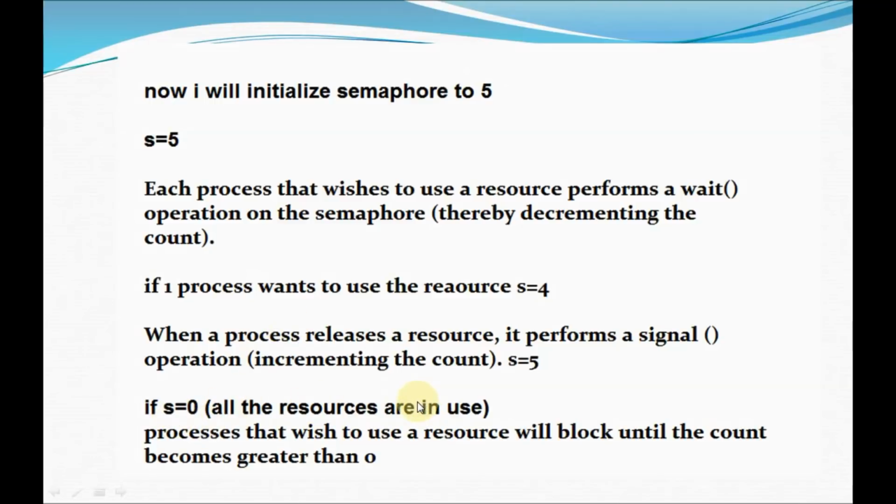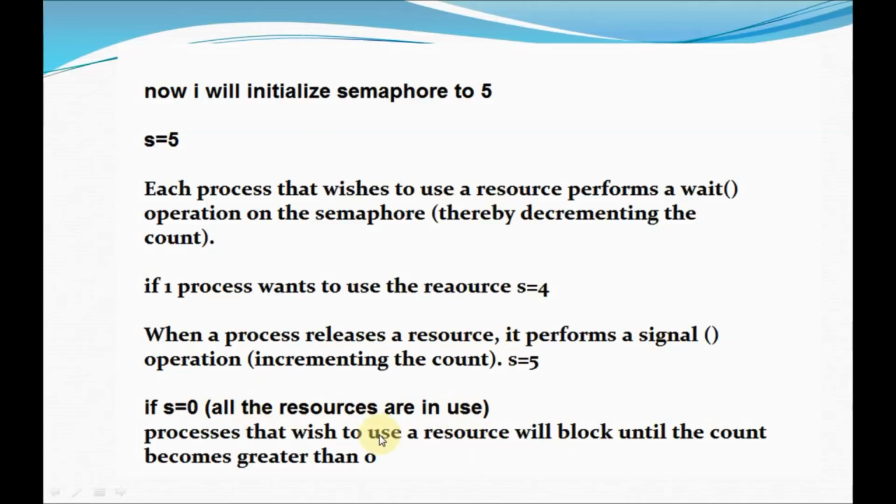Now you can ask a question: sir, here S is 0. Now if any process wishes to use a resource, what should it do? Because the S value is 0, there is no resource, all the resources are in use. Now another process wants to use the resource; the process should wait.